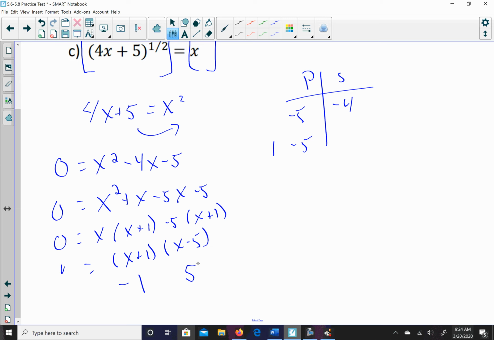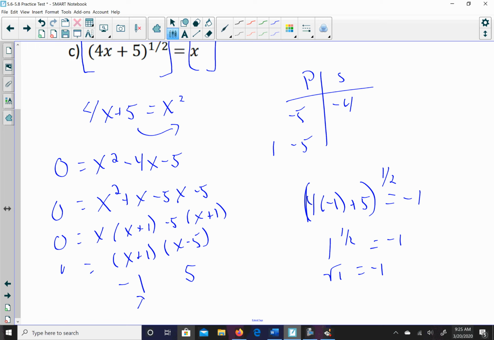Again, putting them in, I'm going to have 4 times negative 1 plus 5 is equal to negative 1, and this is raised to the 1/2 power. Sorry about that. So this will be 1 raised to the 1/2 power is equal to negative 1, which is the same thing as saying the square root of 1 is equal to negative 1.